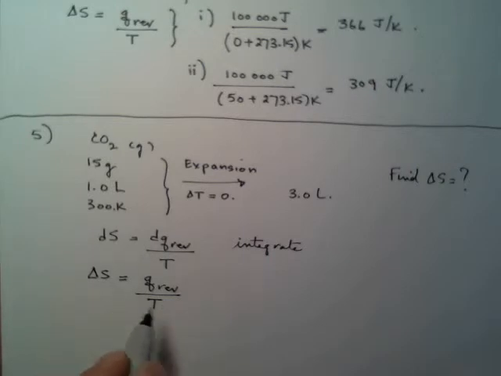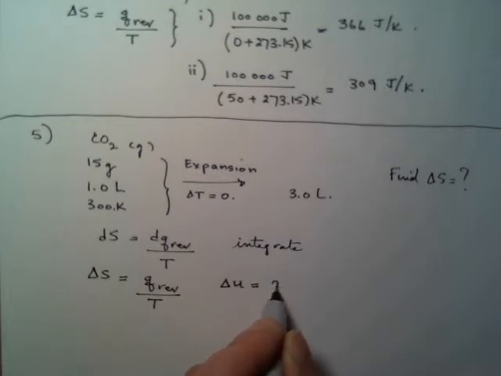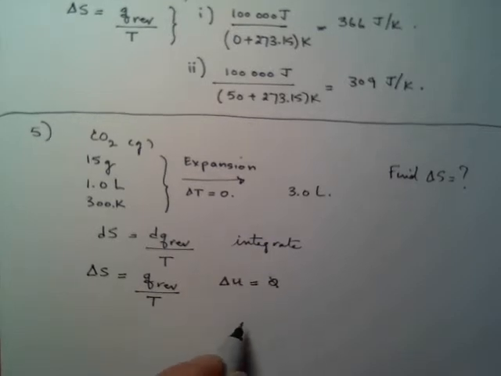Because it is isothermal, delta U is equal to 0, and therefore my Q reversible is equal to the negative value of the reversible work or maximum work.